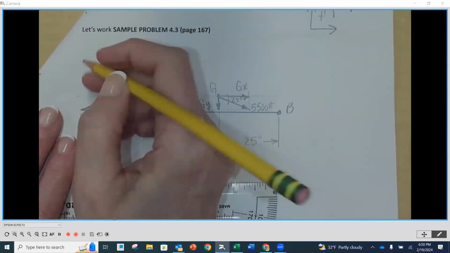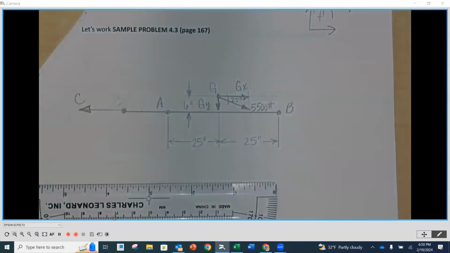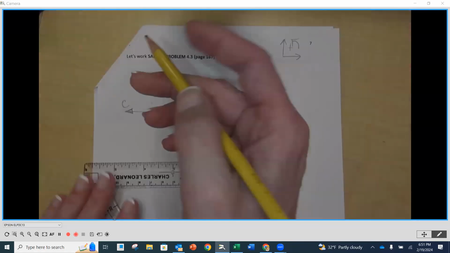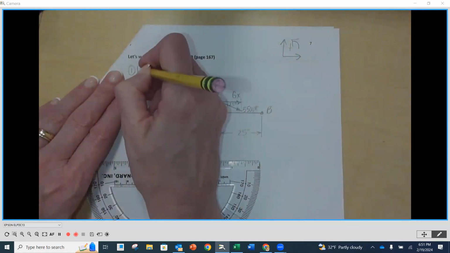We'll just call it C. That's the tension in that cable. So this is our free body diagram.